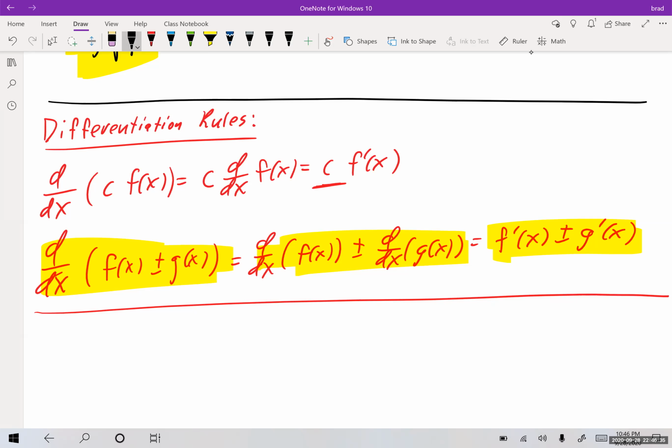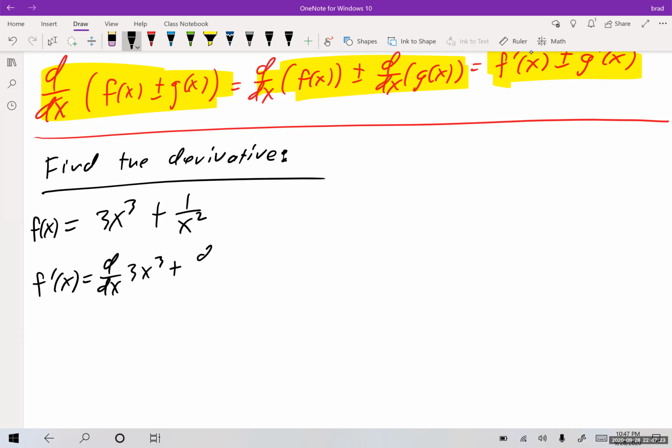So then f prime of x is equal. Now I have to take d/dx of 3x cubed plus d/dx of 1 over x squared, right? But in reality, I don't want to have to write this out every time. So normally what I would just do is say f prime of x is equal, now take the derivative of this.